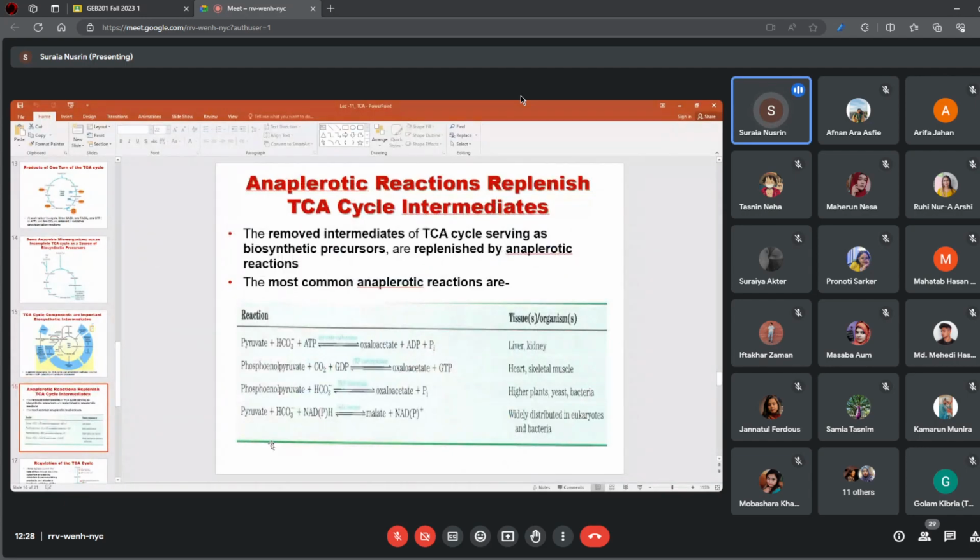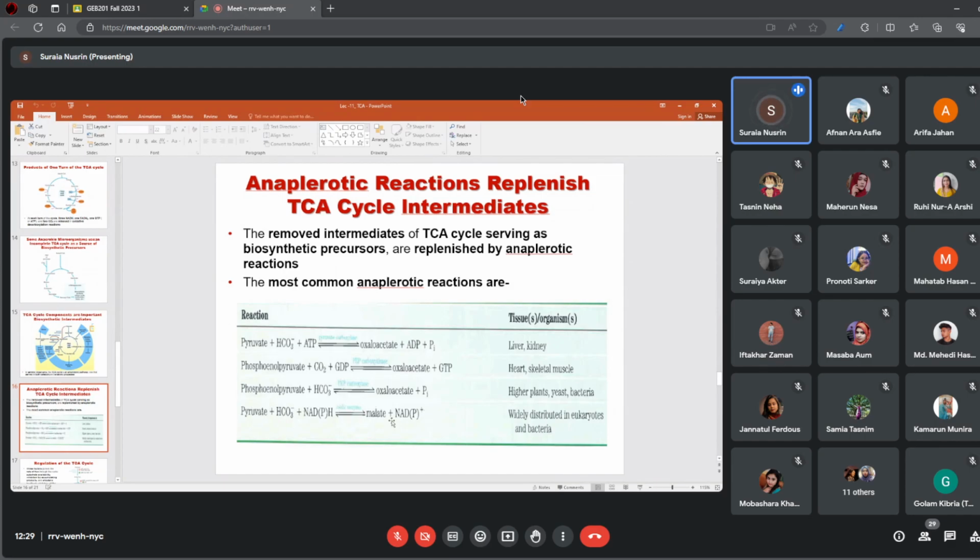Actually, there are different reactions because those reactions are happening in different tissues or even different organisms. So liver, kidney, heart, skeletal muscle, then phosphoenolpyruvate to oxaloacetate, which is catalyzed by phosphoenolpyruvate carboxylase, which happens in higher plants, yeast, and bacteria.